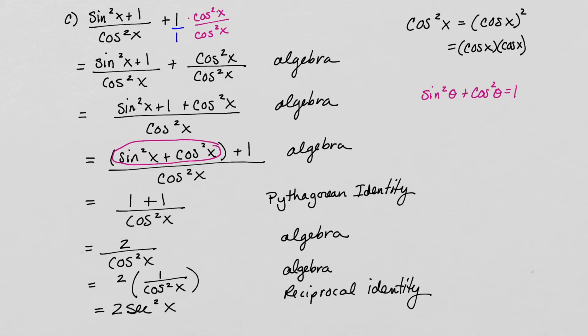And so instead of thetas, we have x's. So sine squared x plus cosine squared x is always going to be equal to 1. So basically what I circled here in pink, I'm saying that this sine squared plus cosine squared is equal to 1. So that's how I got to 1 plus 1. Does that make sense? Yeah, thank you. No problem. Other questions?